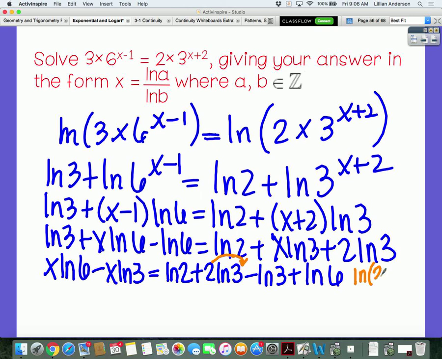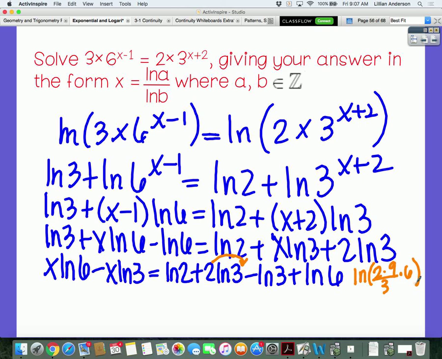Okay? 2 times 9. And then I have a minus ln of 3, which means technically what? Minus means what? Dividing. And plus an ln of 6 means multiplying. So that's how this condenses down.